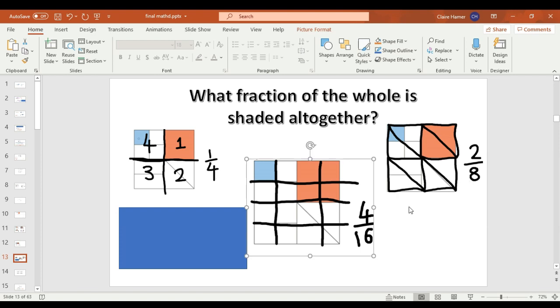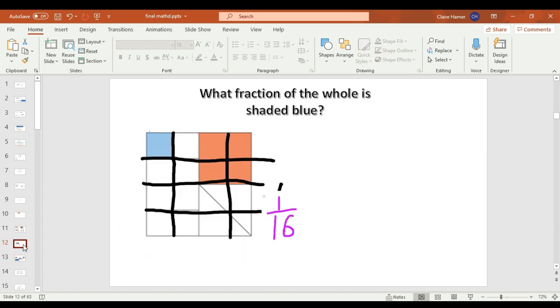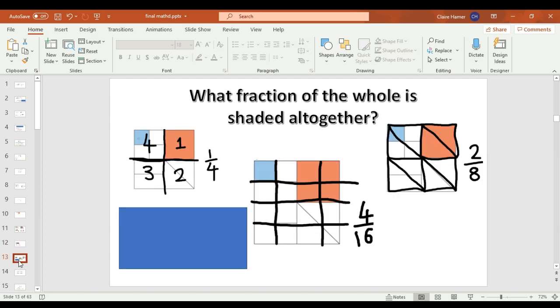Because we've got to add one of these fractions to 1/16. Which one's most helpful? Should we do 1/16 add 1/4? Should we do 1/16 add 4/16? Or should we do 1/16 add 2/8? What should we do?